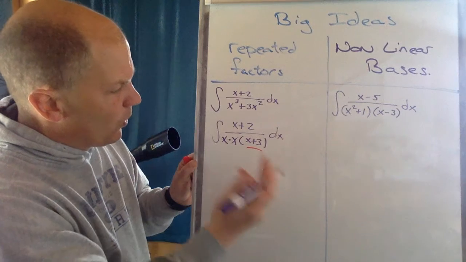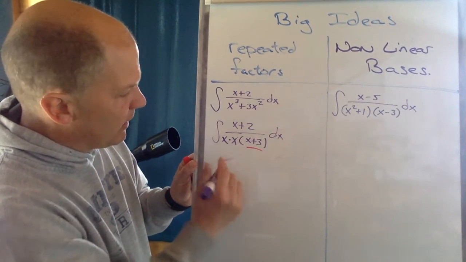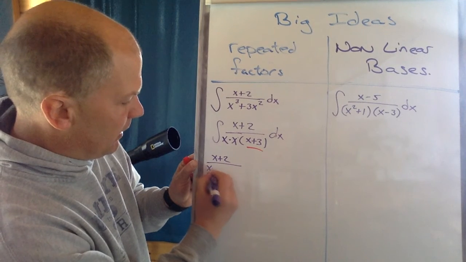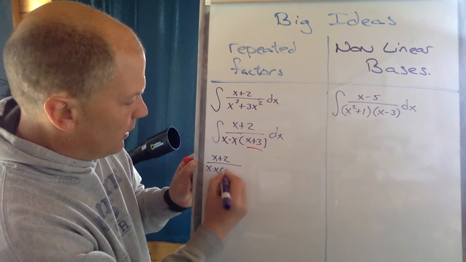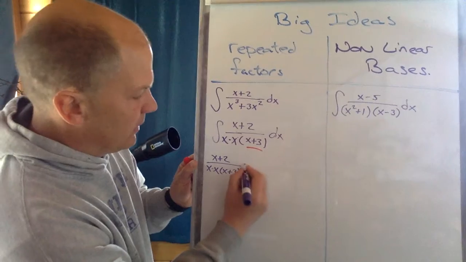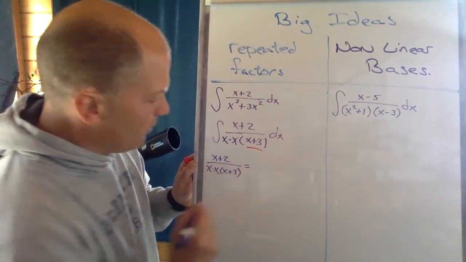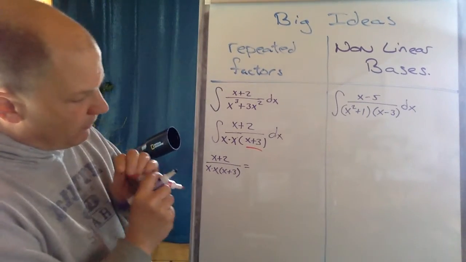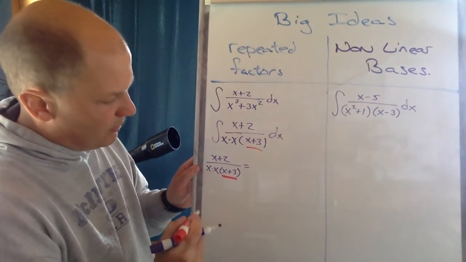Okay, so the big idea was that we had to break this up into A's, B's, and C's. Let's take care of the easy part first. I'm going to say that this is our easy part.